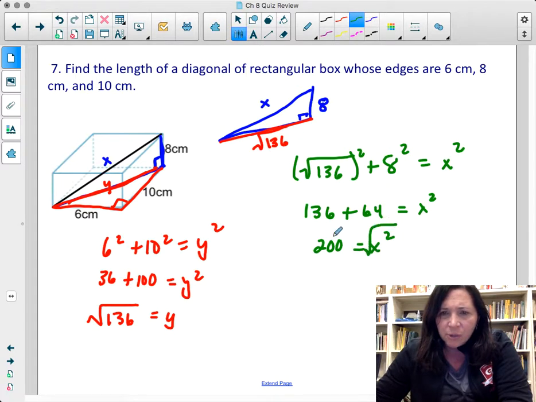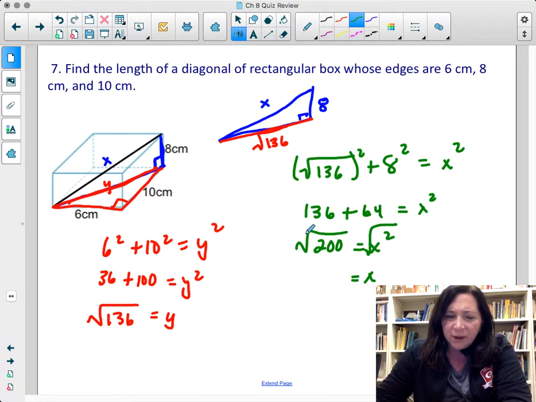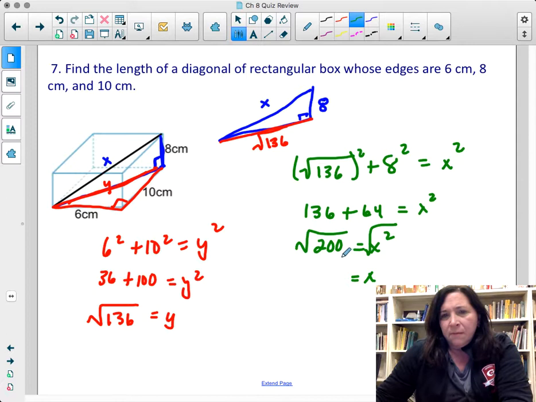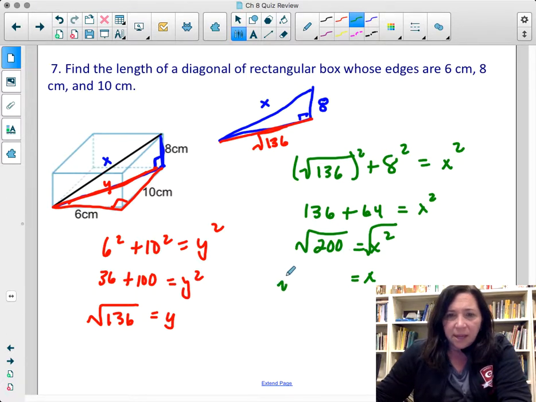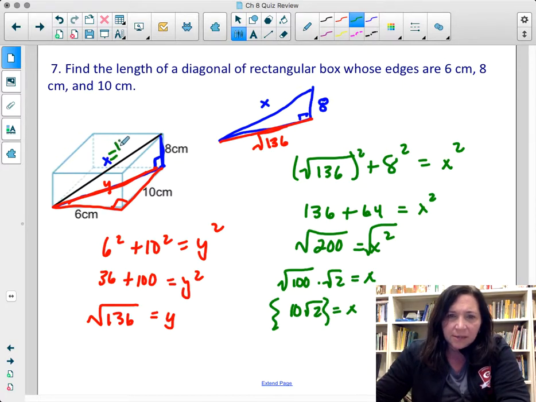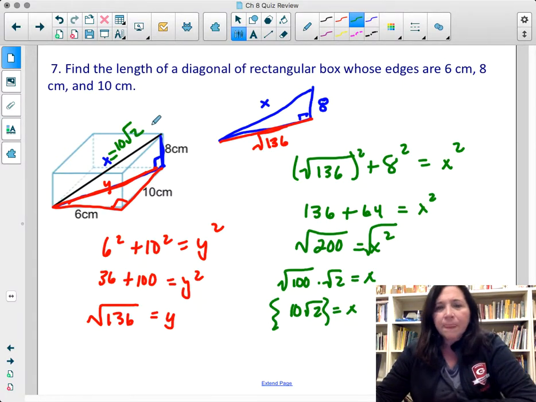I'm going to square root both sides, and that's going to be x equals the square root of 200, which breaks down to 100 times 2, root 2. And the square root of 100 is 10, so we have 10 root 2. And so there's my length of the diagonal, which is right here, 10 root 2.